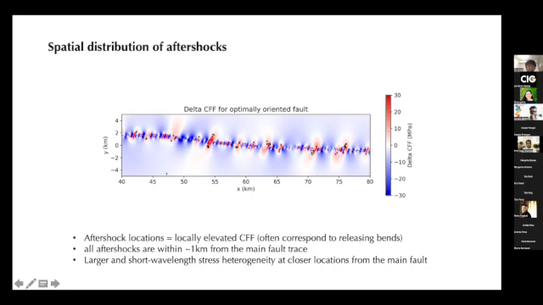So the stress heterogeneity has to be large enough to overcome the overall stress shadow effect. This causes the finite width of the aftershock distribution.